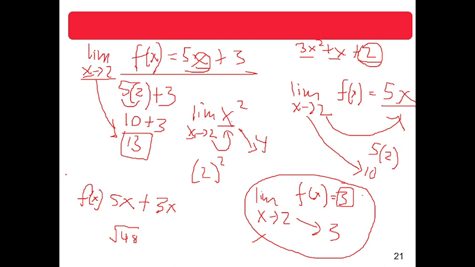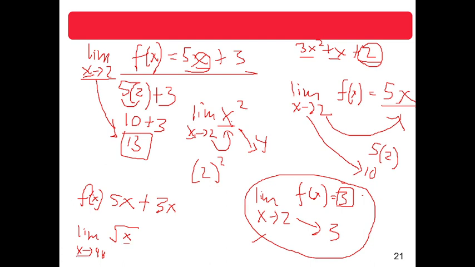Can you think of something? For example, let's try to have this: a function, square root of x, and we are trying to find the limit of your function as x approaches 48.